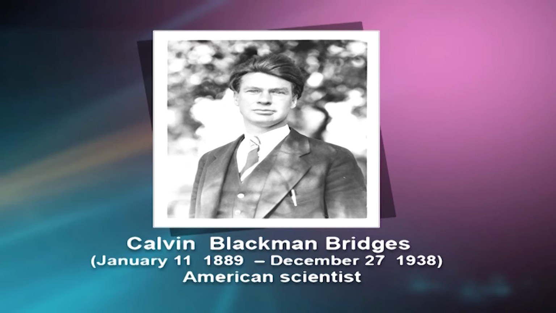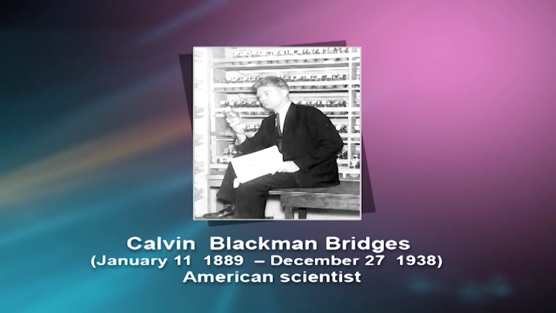In 1930, Calvin Blackman Bridges, an American scientist who is known for the fly room experiment, found that very rarely in Drosophila, X chromosomes fail to separate and both the X chromosomes are transmitted to one of the daughter cells. So, some of the female gametes contain 2 X chromosomes while the others are without any X chromosomes. Thus, there is an unequal distribution of chromosomes in the daughter cells.